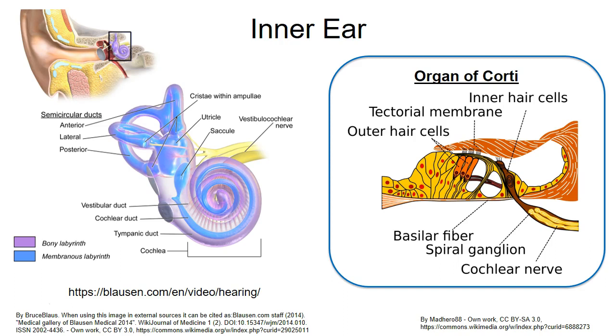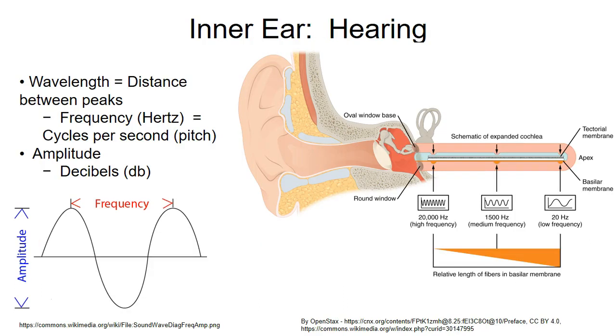So here, looking at hearing. Remember the way it was described: frequency is the distance between two peaks. Higher frequency is a shorter distance between the peaks. Lower frequency is an increased distance between the peaks. Higher frequencies mean higher pitch, lower frequencies mean lower pitch.